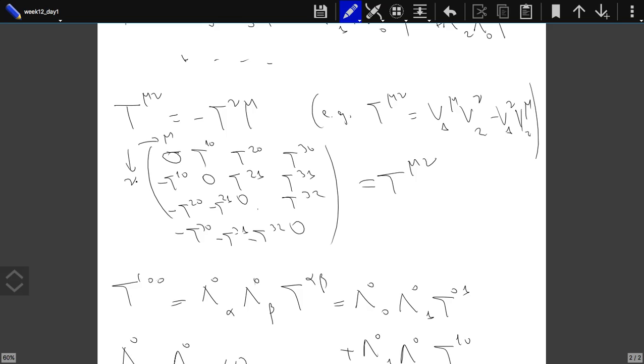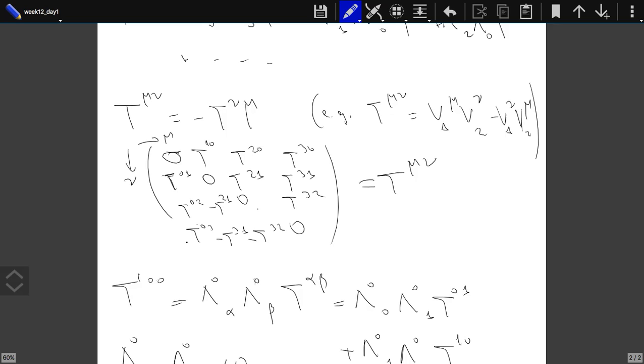Okay, so let me see. So this is the second index, nu equal to 0. This is nu equal to 1. Maybe this way it will be easier to see. This is mu equal to 0. This is mu equal to 1. But you see, T02 is minus T20, so that's why I just switched it.